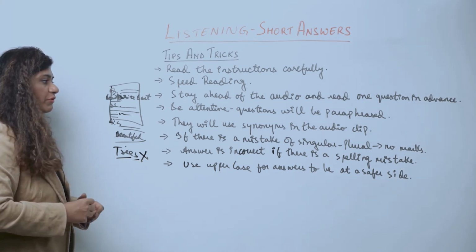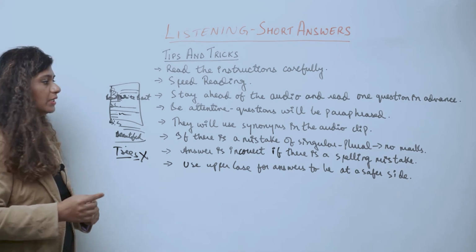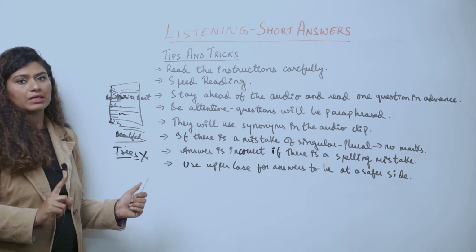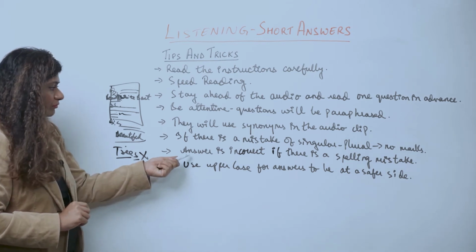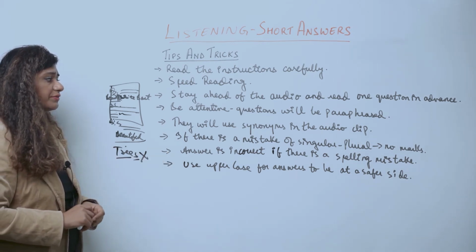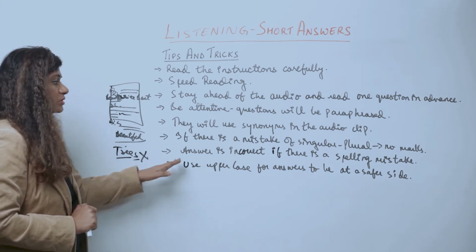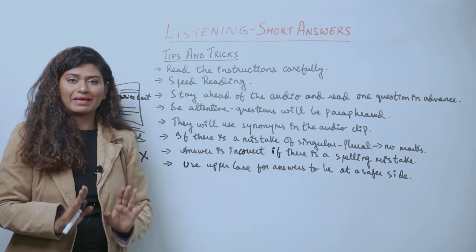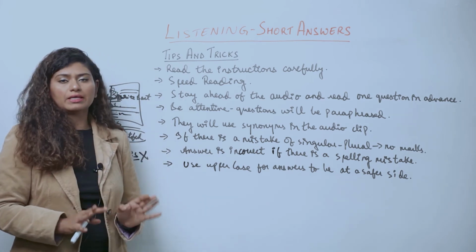So you have to be very attentive and very careful that you are listening to the right thing and you're writing also the same thing, what you've listened. Answer is incorrect if there is a spelling mistake. Now this is also very important. If you are writing a wrong spelling, you will not be given any marks for that.